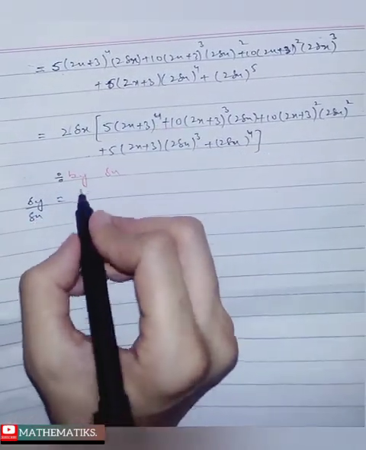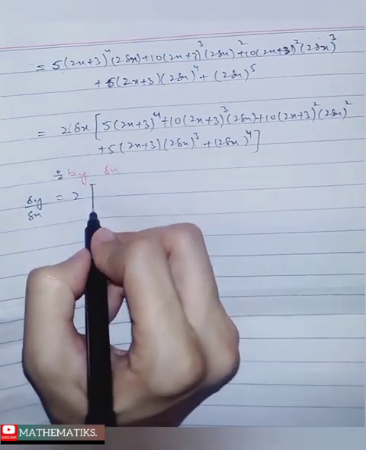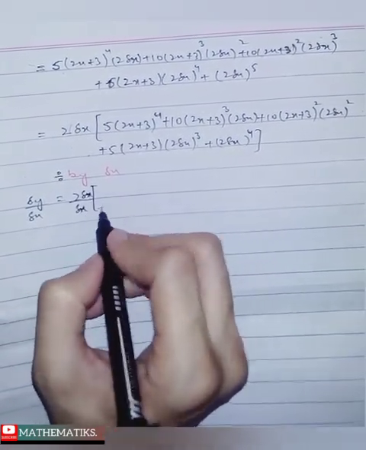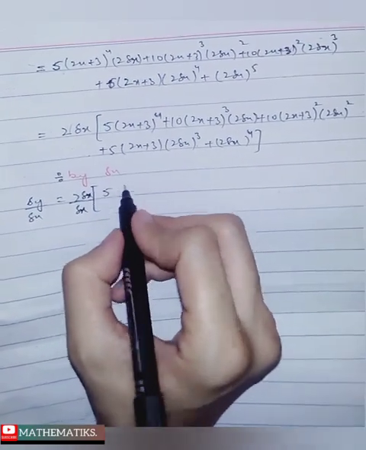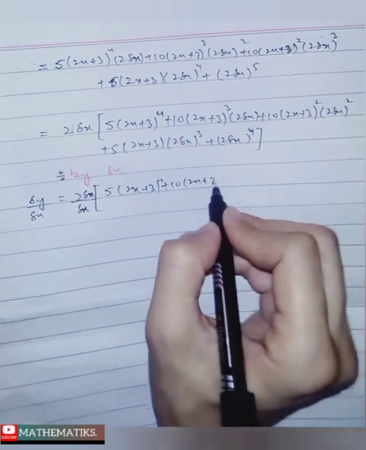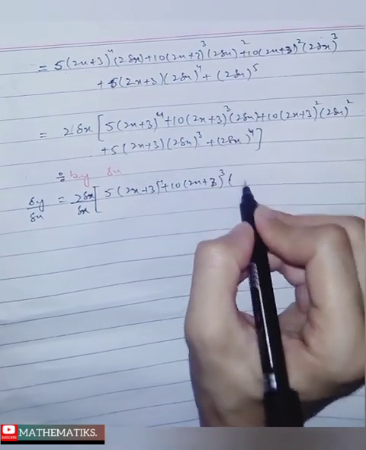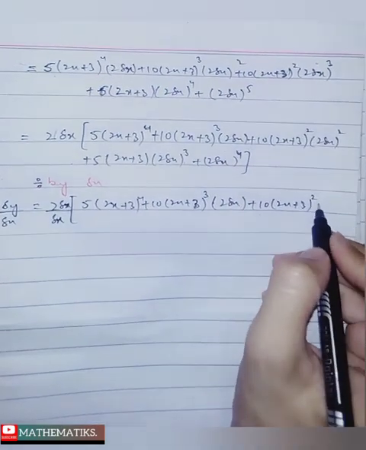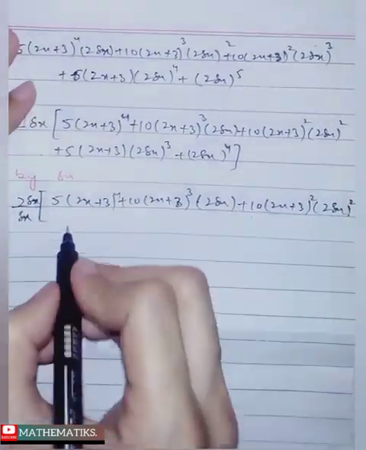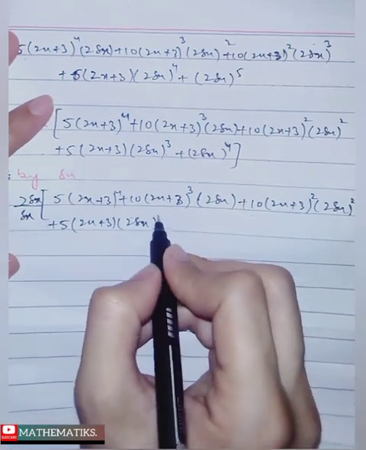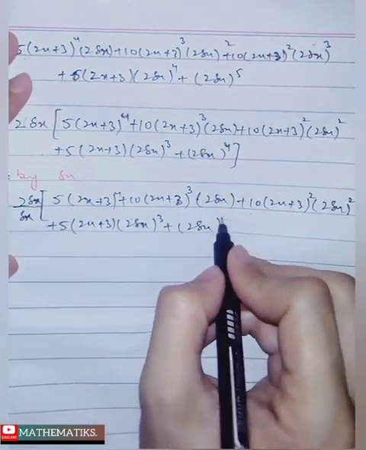So I can write as 2 into partial x, but for your convenience I'm doing the same process so it does not become difficult for you. (2x plus 3) whole power 4 plus 10 into (2x plus 3) whole power 3 into 2 partial x plus 10 into (2x plus 3) whole square into 2 partial x whole square plus 5 into (2x plus 3) into 2 partial x whole cube plus 2 partial x whole power 4.